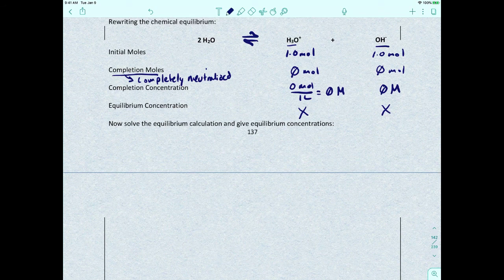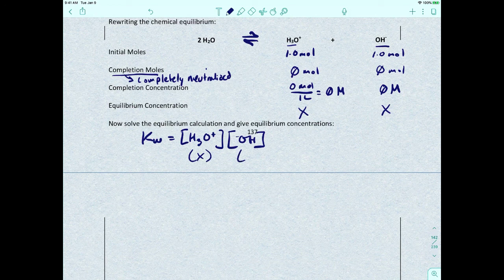So remember that Kw is going to be equal to the, you know what? Let me rewrite this on top a little bit so I have a little bit more room. Kw is equal to the concentration of H3O plus times the concentration of hydroxide. Okay. Now we know that concentration of H3O plus is going to be X. That's equilibrium.